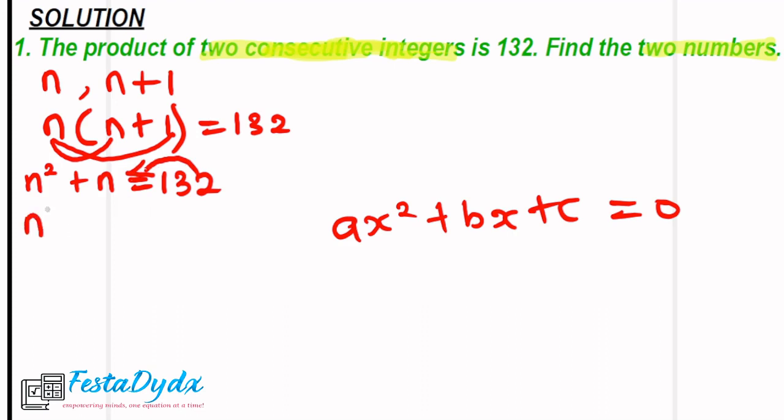So now we'll have n squared plus n minus 132, all equal to 0. So now this is a quadratic equation, because we can relate this format to what we have here. ax squared can stand for this n squared, which is 1n squared, plus the bx here could be 1n, then c is minus 132.